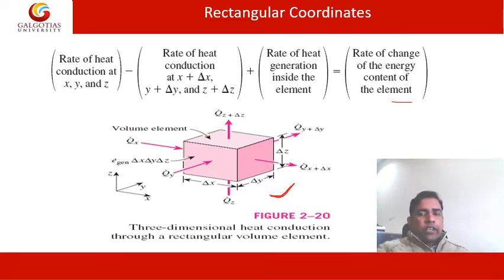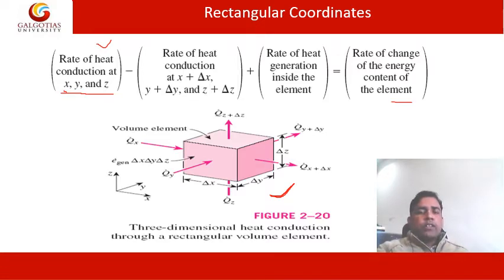As we have earlier derived for the one-dimensional equation, again we will consider the rate of heat conduction at x, y and z. In case of the one-dimensional heat conduction equation, we considered heat conduction in the x direction only. Now we consider the rate of heat conduction in the x, y and z directions, and the rate of heat conduction at x plus delta x, y plus delta y and z plus delta z, as we can see from this element.